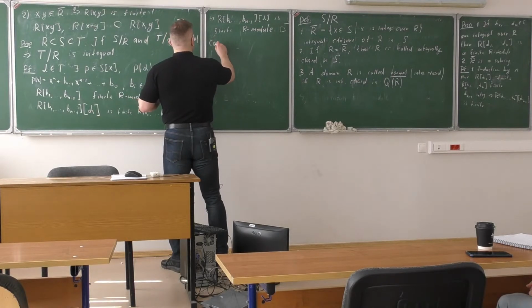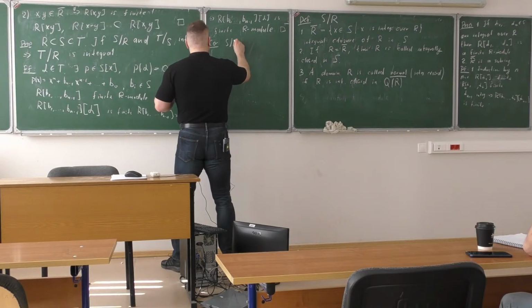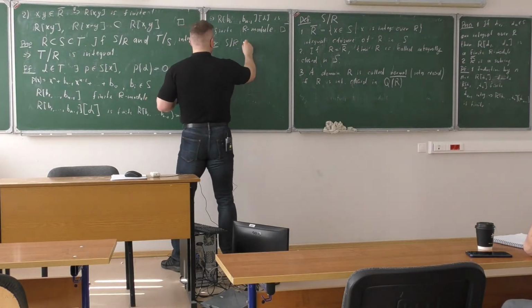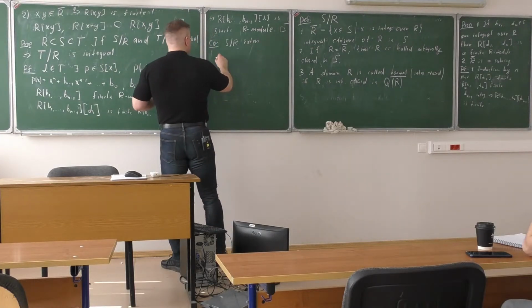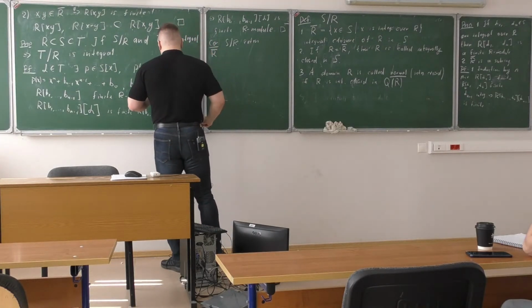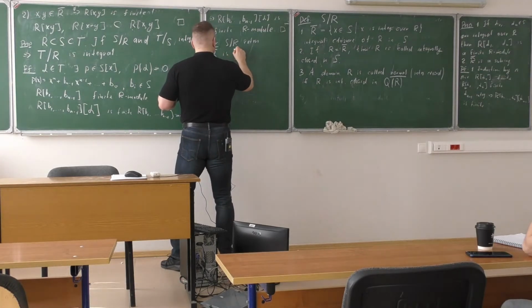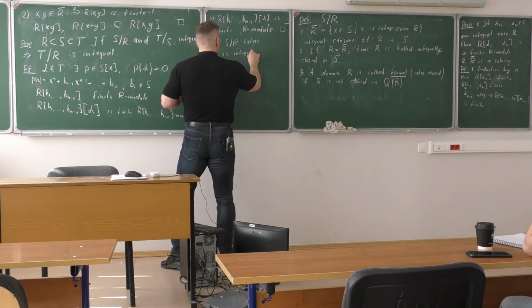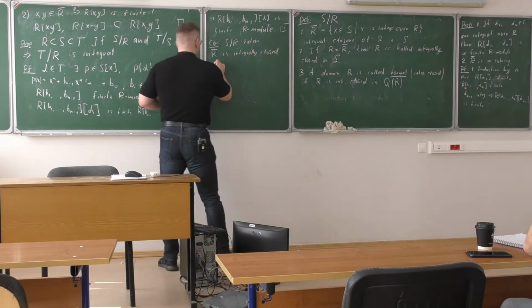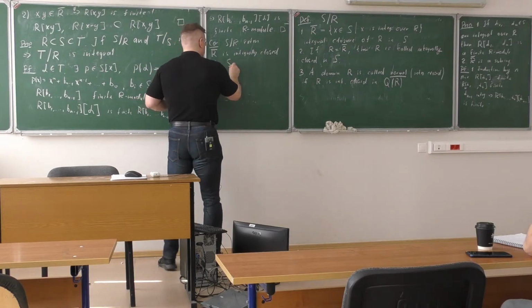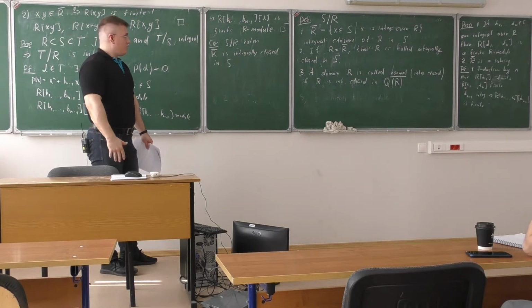So, a corollary from this proposition. As before, I consider some extension. So then I claim that R bar is integrally closed in S. So if you do this operation twice, integral closure, you get the same answer.